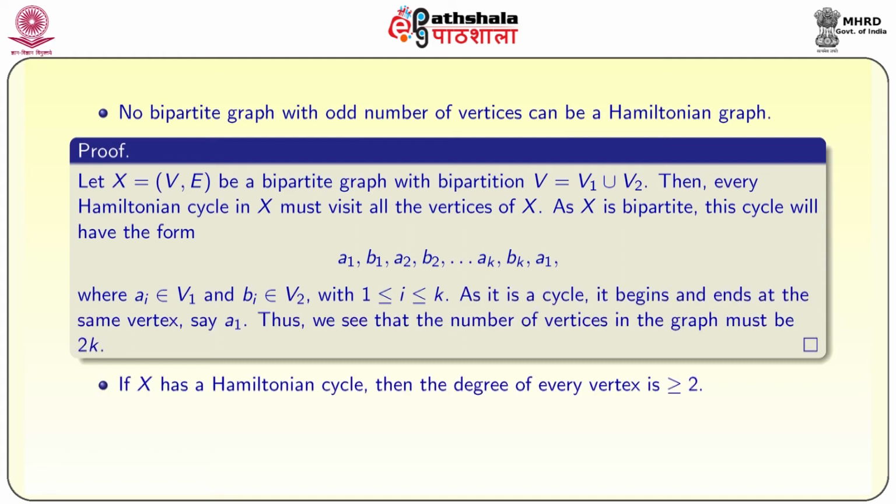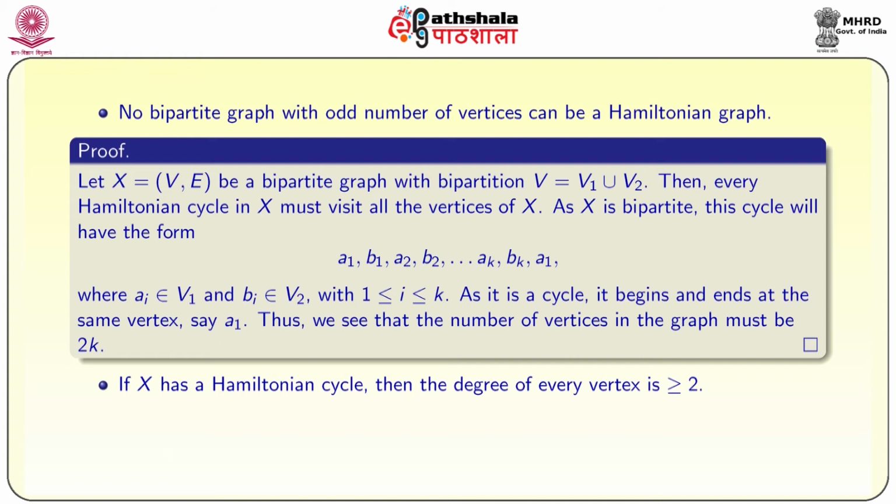As it is a cycle, it begins and ends at the same vertex a1, thus we see that the number of vertices in the graph must be 2k. So, that is why if a bipartite graph has a Hamiltonian cycle, then it needs to have an even number of vertices.